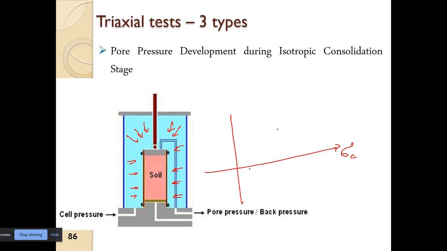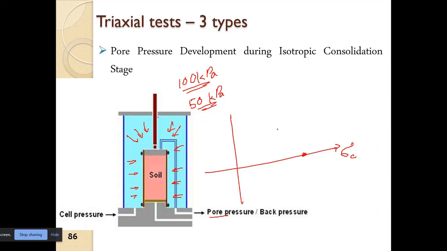So suppose we have the cell pressure at 100 kPa and the pore water pressure at 50 kPa.